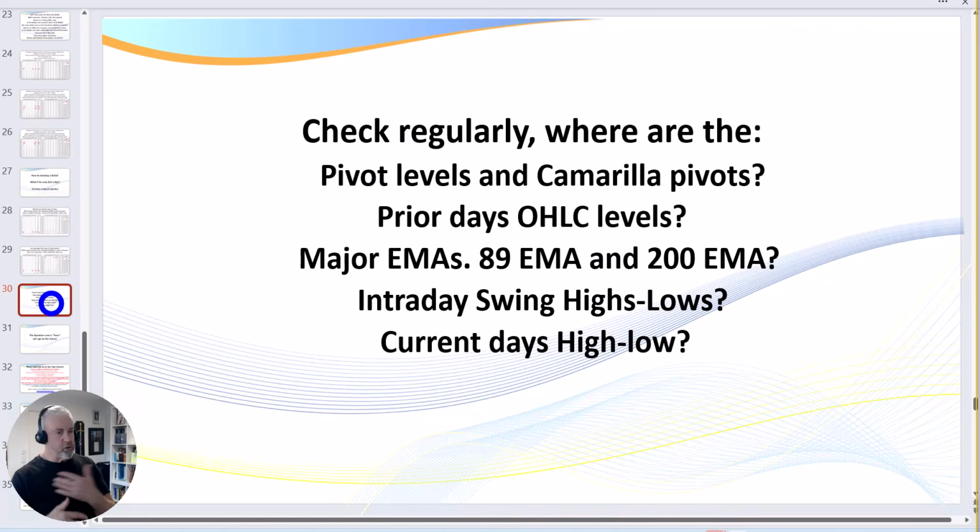Now I don't want to lose you here on this information, but I promise to share with you life-changing information when it comes to day trading. You see, what I look for on my charts is where are the pivot levels, open, high, low and close, major moving averages, intraday swings, and the current day's high and low.